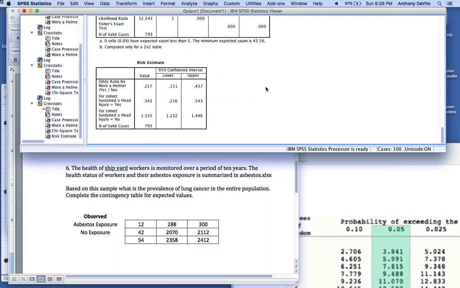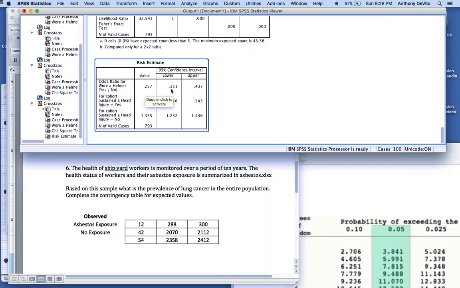You'd expect the same rate of head injuries for people who wore a helmet versus people that didn't wear a helmet. Okay, and let's go back down here to the odds ratio and the relative risk. Now, the odds ratio came up 0.257. We discussed how we got that. Now we want to be certain, 95% certain, or less than 5% chance of being wrong, that we didn't calculate that by chance, that in fact it's really one. So SPSS tells us the odds ratio, but it also gives us the confidence interval for the odds ratio as well.